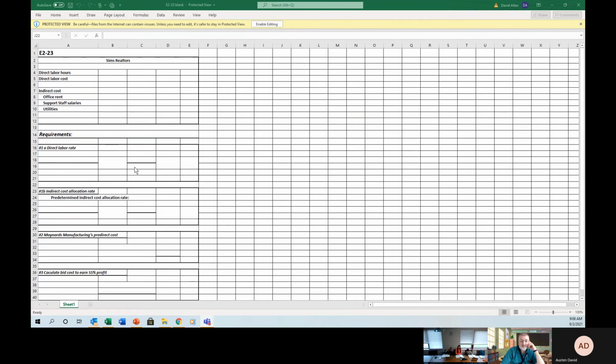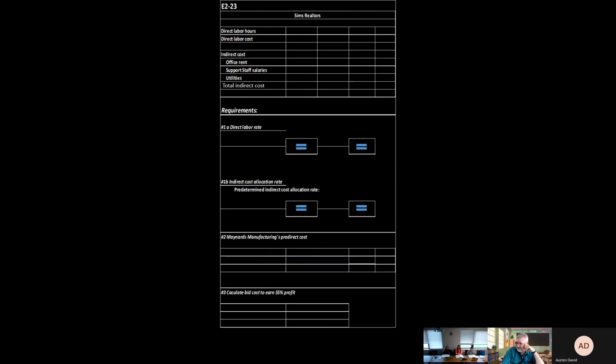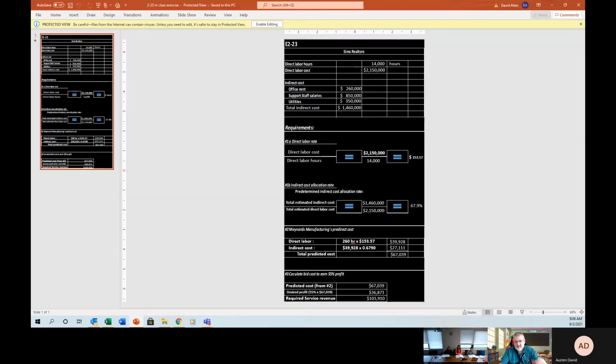If I were giving this to you as an assignment for the class and your homework, I would have given you something that looks about like this. And you're going to have to fill in all of the pertinent data. So now we're going to look at this Excel spreadsheet. You guys see that black Excel spreadsheet? I made it black so that it kind of stands out a little better. Uh-oh, what's coming up here? Something's coming up on my computer.